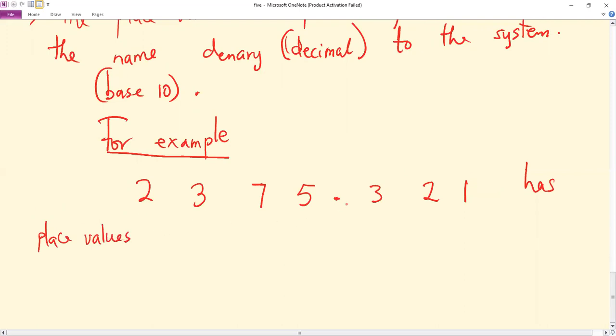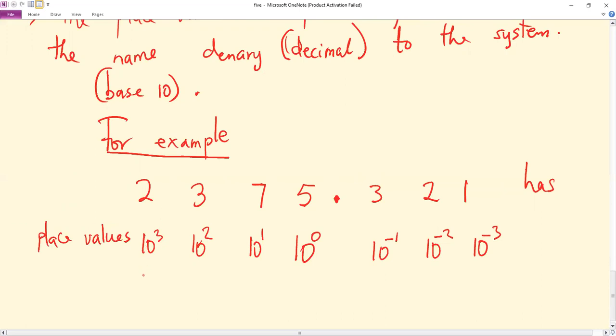So this you start counting. This is the decimal point. So the digit after the decimal point is 10 to power 0. This one is 10 to power 1, this one is 10 to power 2, this one is 10 to power 3. And then this one here is 10 power negative 1, this one 10 power negative 2, this digit 10 power negative 3.